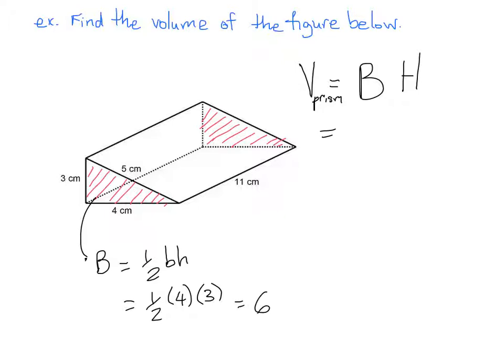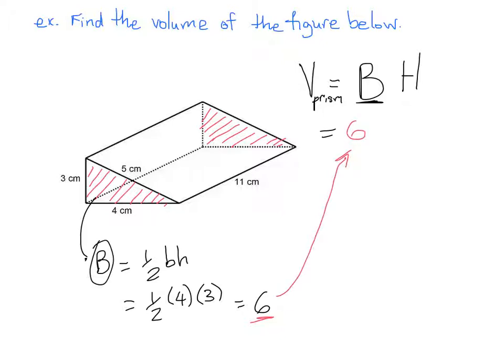Now that we know the base area, we can plug it into the formula for the volume of the prism. So the volume of the prism is the base area, which we have now established is 6. Can put that up there.